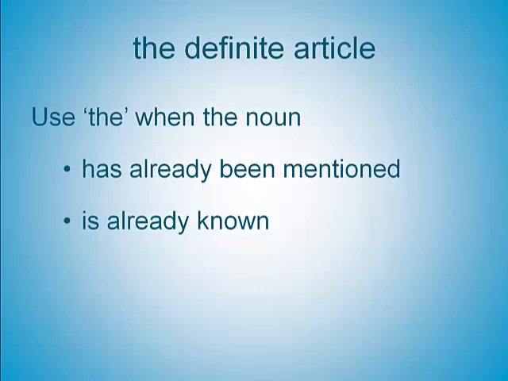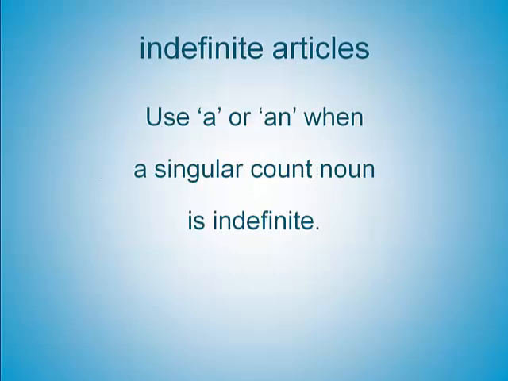Perhaps it's already been mentioned, or maybe it's something you're sure both you and your listener or reader know about. A and an are called the indefinite articles because we use them when the one thing we're talking or writing about isn't definite. That is, we're not sure which thing it is exactly.